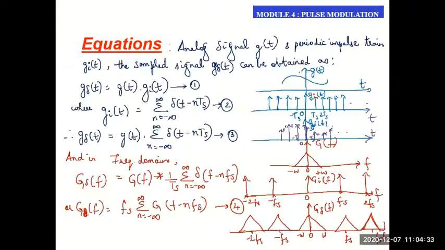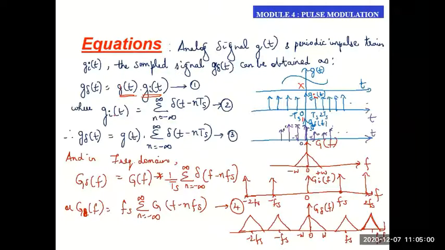How do we get this sampled signal g delta of t? By multiplying g of t, the given signal, with the impulse train g_i of t. So g delta of t is nothing but g of t into g_i of t. First equation: multiply these two and you get g delta of t.